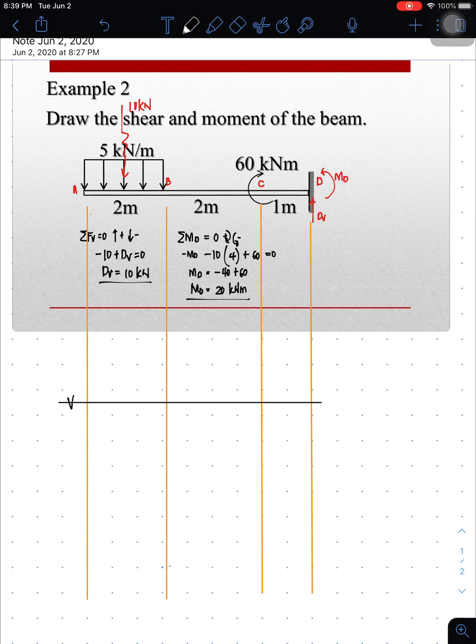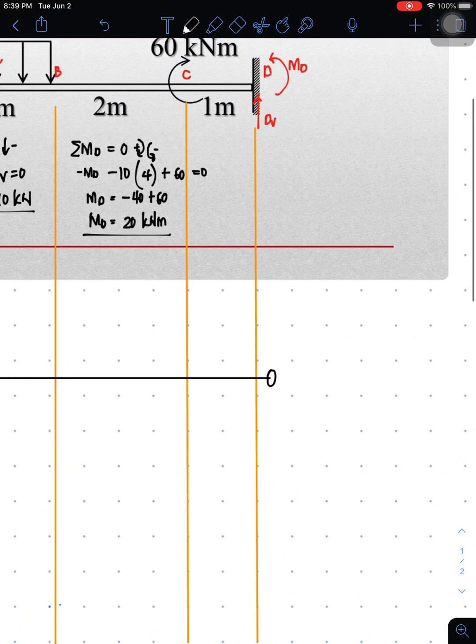So this represents the 0 shear line. Okay, so we're now ready to plot the shear values.